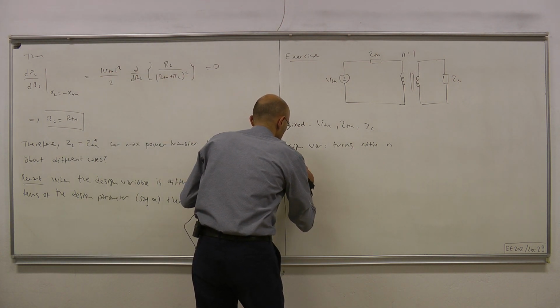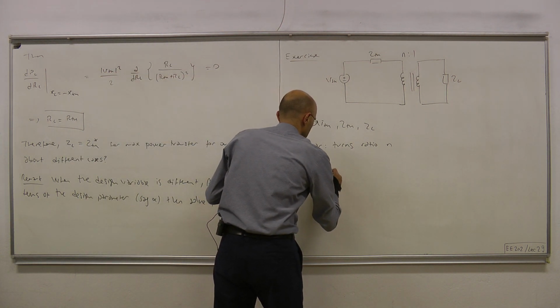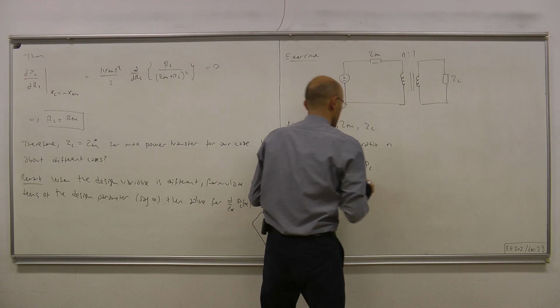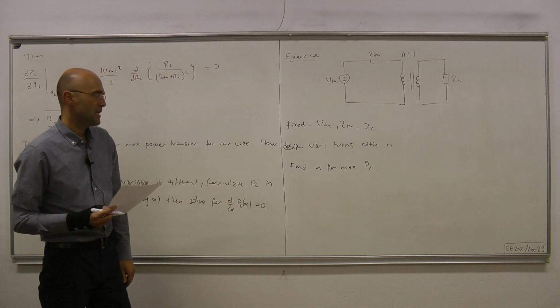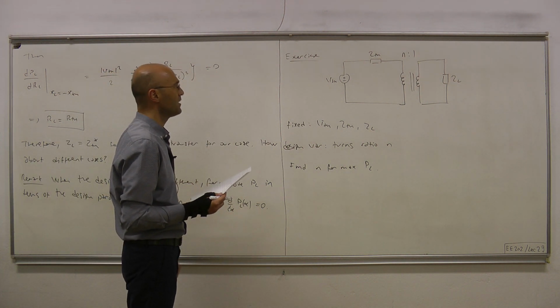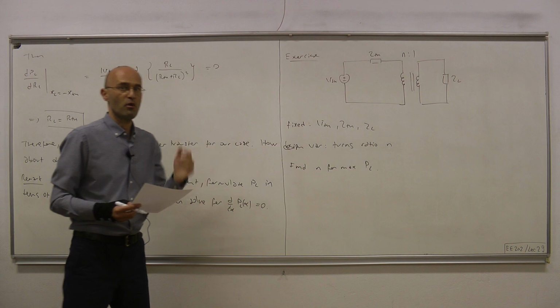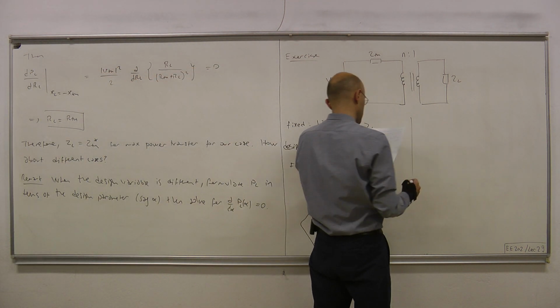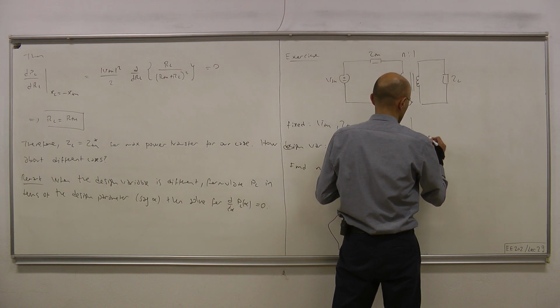So find n for maximum power extraction, PL. It's a very nice problem. For those of you who have time, I recommend that you work on it, and let me provide you the answer.